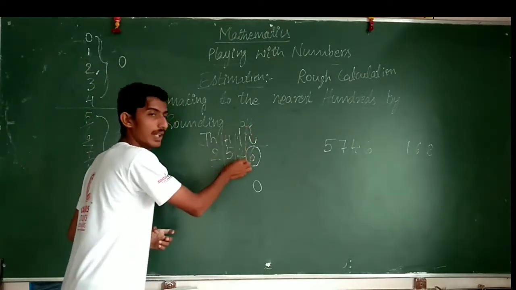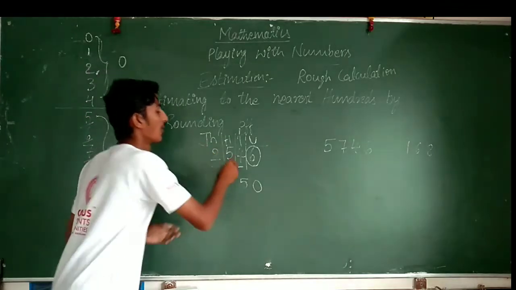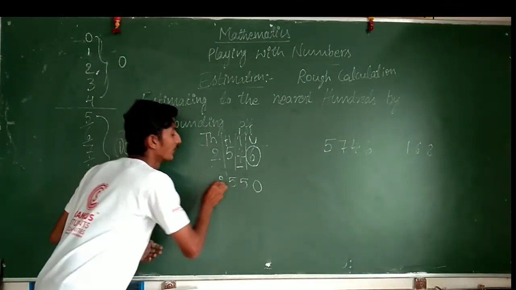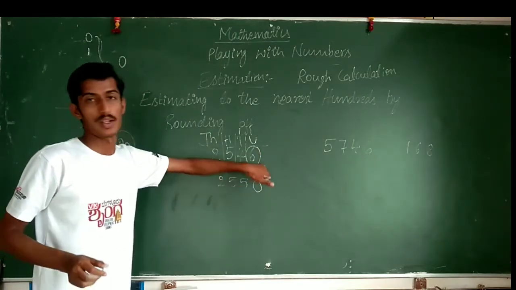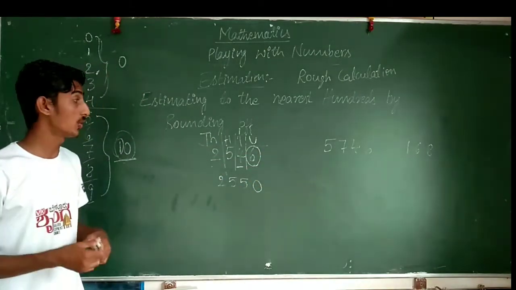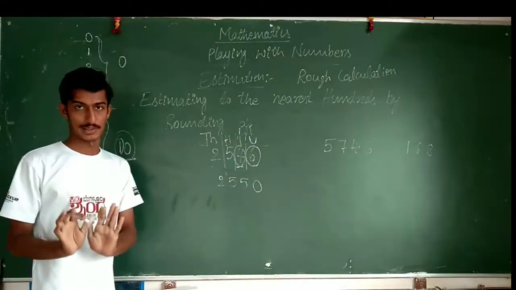Then 1 plus 4 is 5. Same 5, 2. We have put a 0 in the unit place, and also we have to put 0 in 10th place.